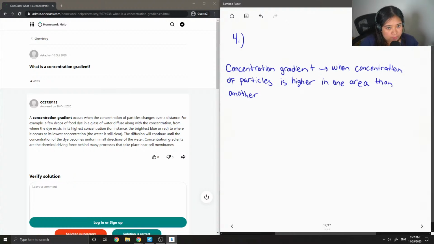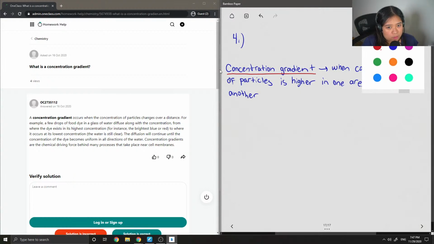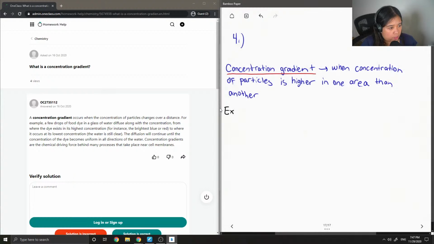Okay, so an example of concentration gradient would be like passive transport.